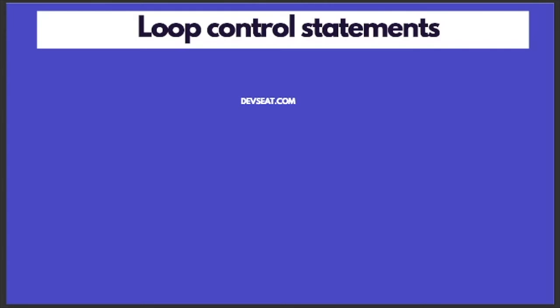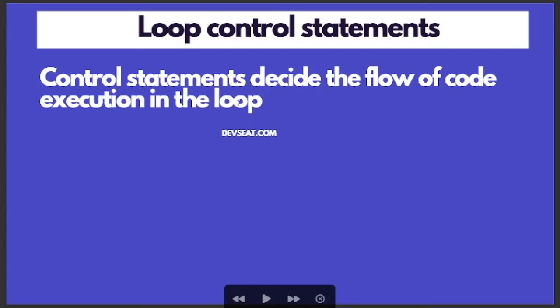Now we will see some loop control statements. So what are loop control statements? These are the control statements which decide the flow of code execution in your loop. Let us say you have a program.